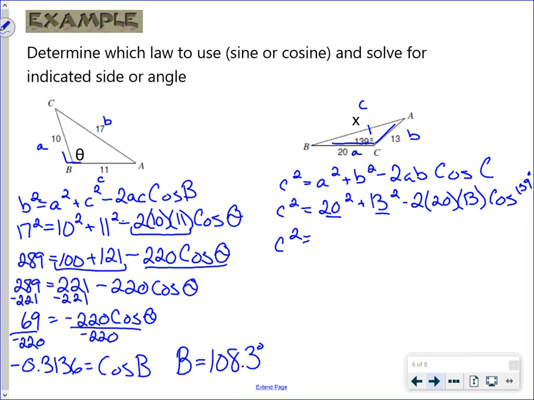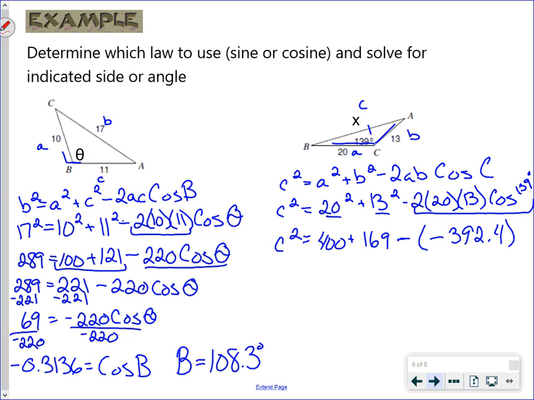When we do that, we will get c squared equals 400 plus 169. We are going to multiply these four values together. So we still have subtracting. Again, because our cosine is larger than 90 degrees, that will give us a negative value. So when we multiply these four values together, we actually get negative 392.4.